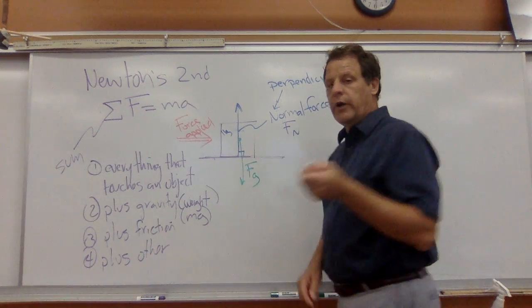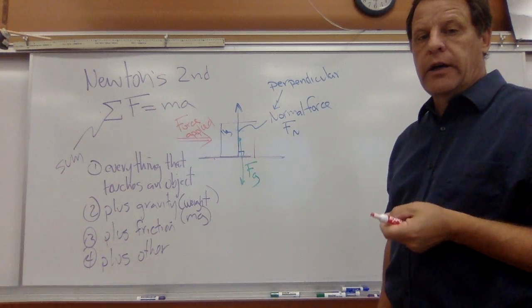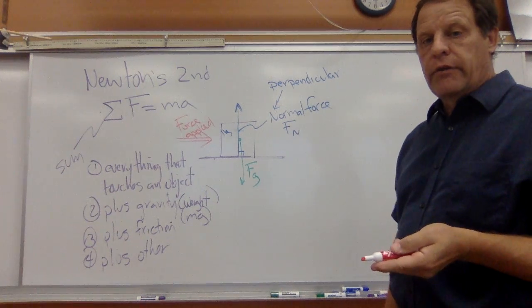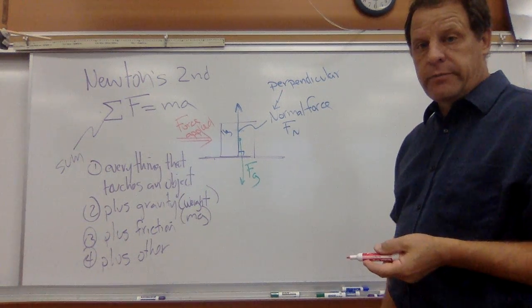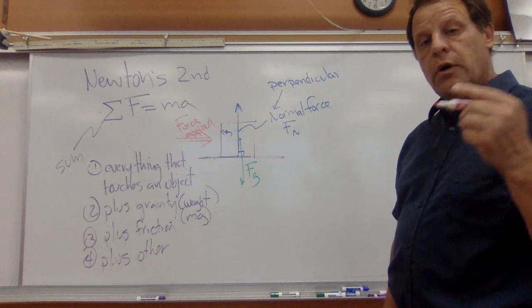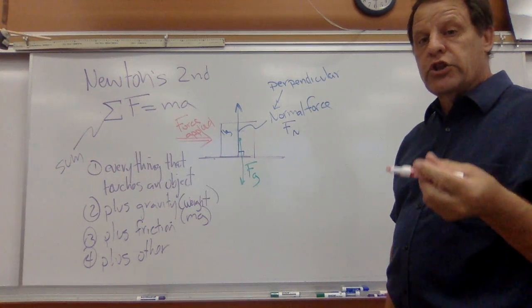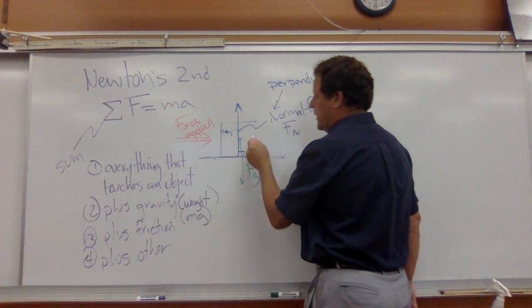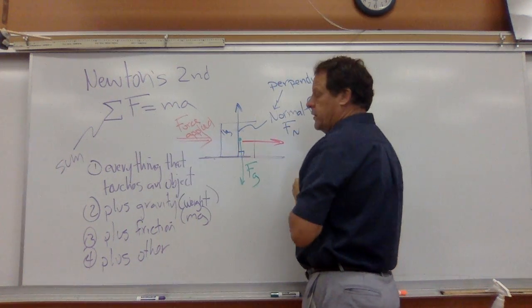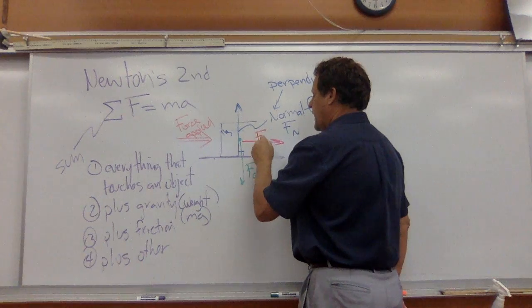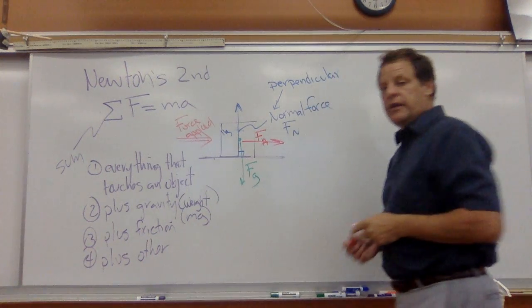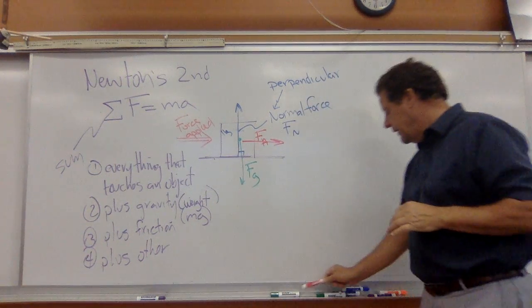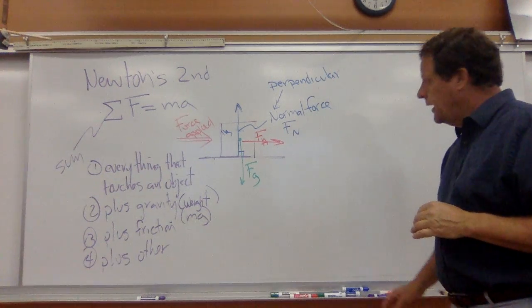But what we want to do is draw an arrow from the middle of the object or from the edge of the object, and we're going to draw an arrow in the direction that it is going. So even though this force might be coming from the right, we're going to draw this arrow right there, and we can say that that force is applied, okay?